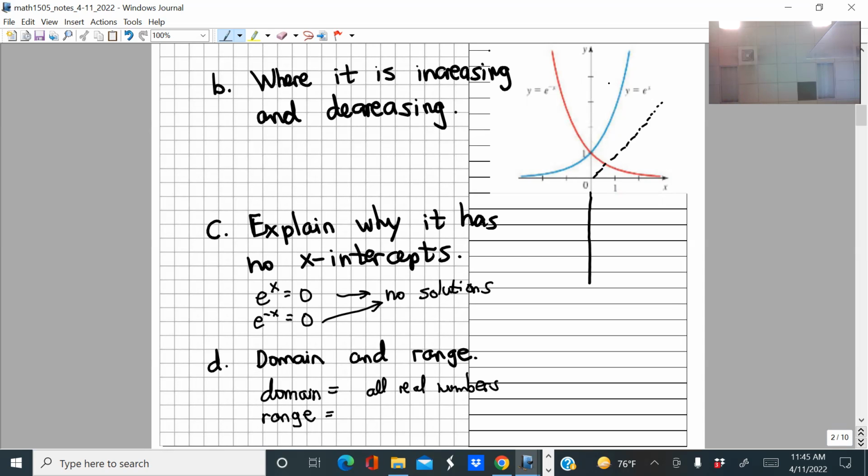Yeah, from 0 to infinity, right? So starting at 0 and going up to infinity, but not including 0, because you don't have any x-intercepts. It never touches the x-axis. So the range there is 0 to infinity. Domain, all real numbers, minus infinity to infinity.